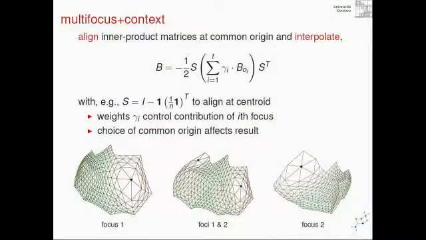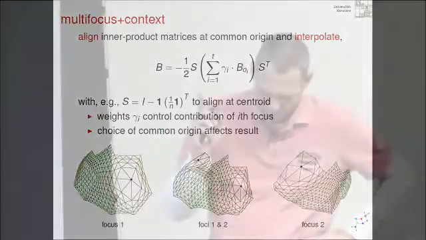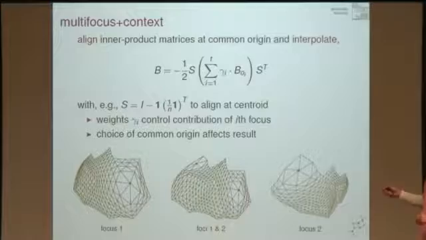The addition to this first method is that maybe we have multiple foci that we would like to look at. And using the same type of projector that we used for picking one of the origins, we can also pick different focal regions and then combine the results. Right? So we do a weighted combination of all of the inner products.